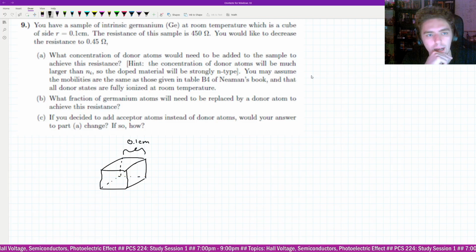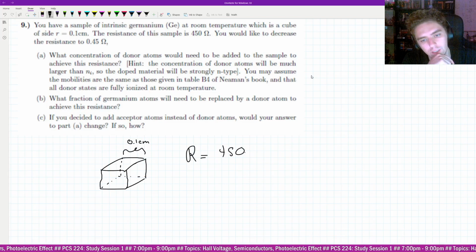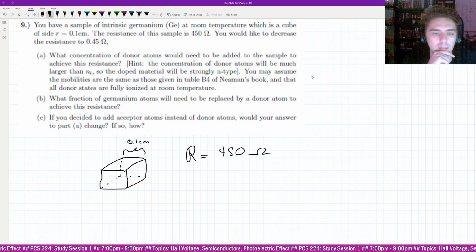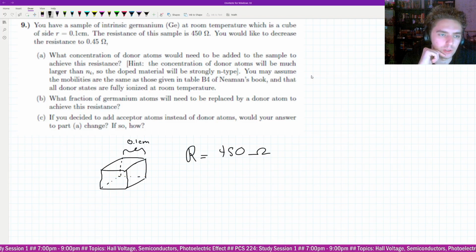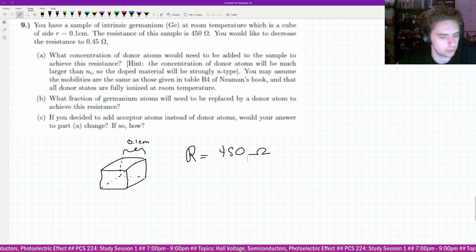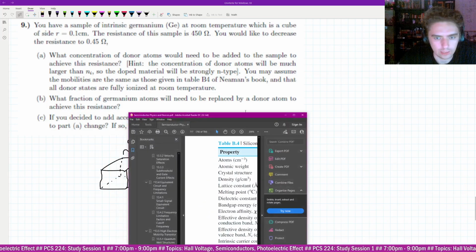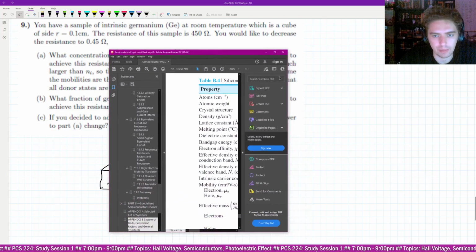The resistance of the sample is 450 ohms. We would like the resistance to be that. So what concentration of donor atoms would need to be added to the sample to achieve this resistance? You may assume that mobilities are the same as those given in the table and that all donor states are fully ionized at room temperature. Okay, so let's find our table here. We're looking at germanium.